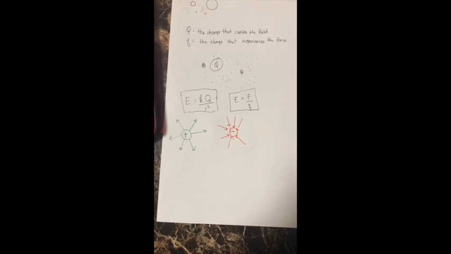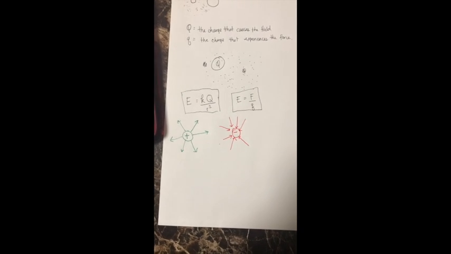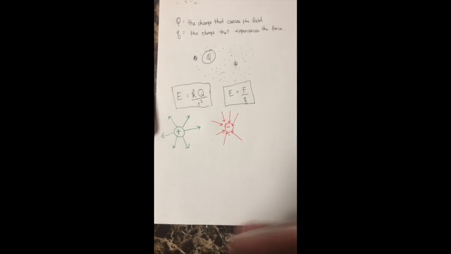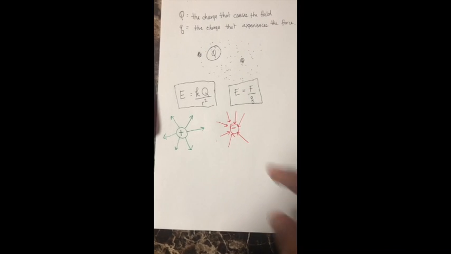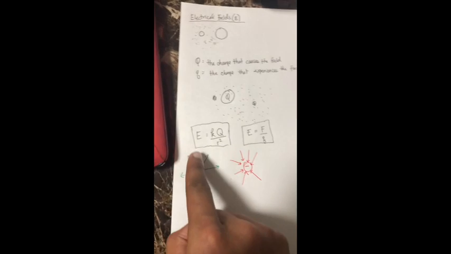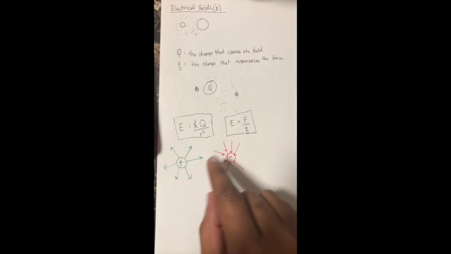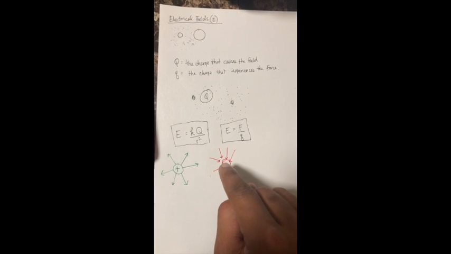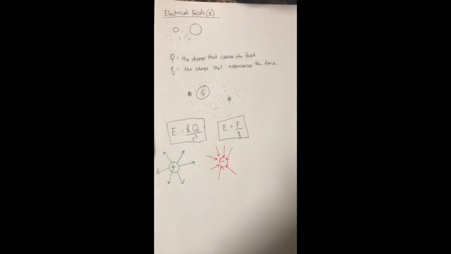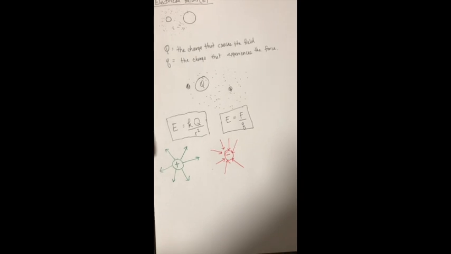So the field points out for a proton, and it points in for an electron. So a proton causes a field, so big Q causes a field that points out. And then an electron causes, not experiences, but causes a field that's pointing inward.